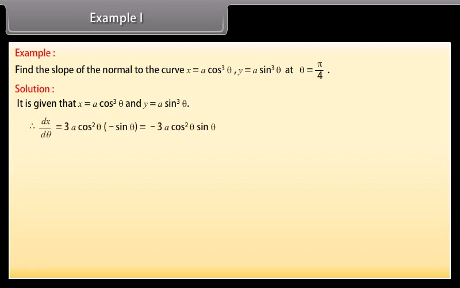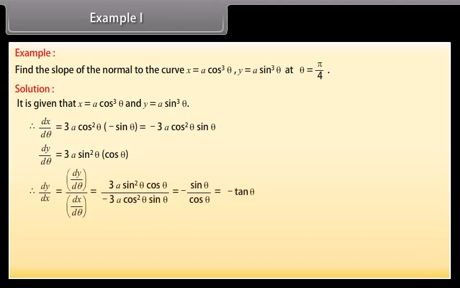Therefore, dx by d theta is equal to 3a cos square theta into minus sin theta, which is equal to minus 3a cos square theta into sin theta. dy by d theta is equal to 3a sin square theta into cos theta.